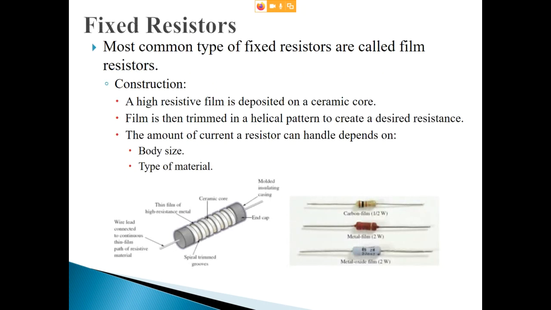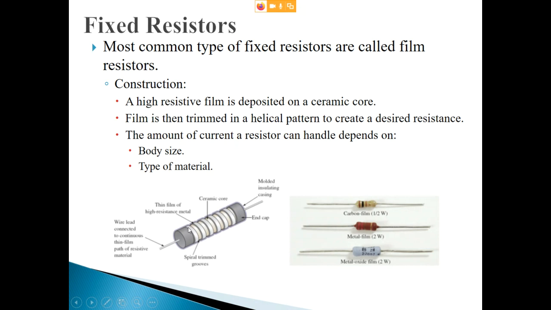All right, so here's a picture of how we would build a fixed resistor. You can see here's a fixed resistor like this. It has two terminals. When you connect this in the circuit, it doesn't matter which terminal you connect to which. But you can see they're made out of a metal or carbon film.